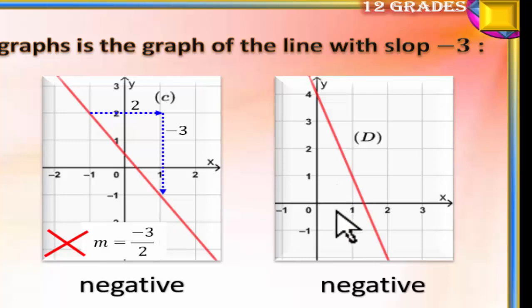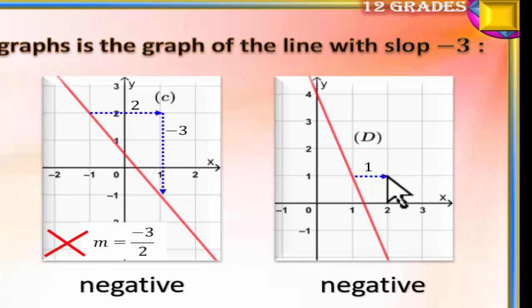Let's take another point, let it be (1, 1), and move 1 step from left to the right, beginning from here, like this. This is a horizontal vector. It is 1 step, then delta x is 1.